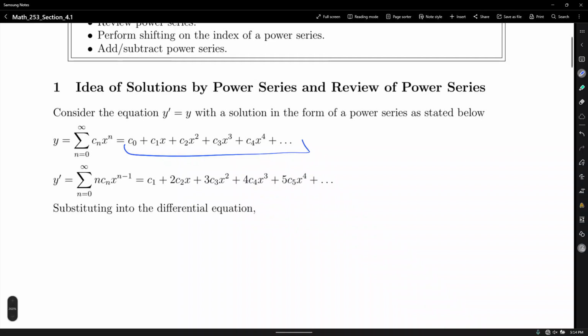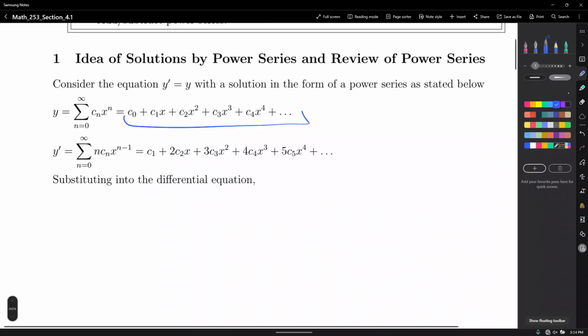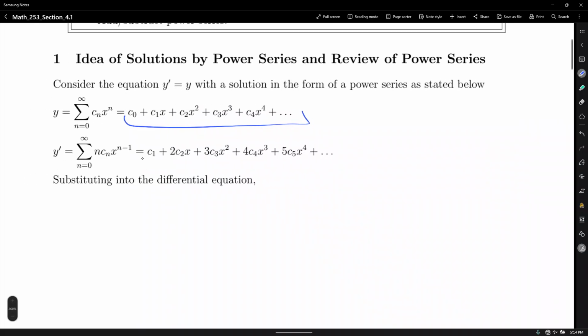So I'm going to substitute this into the differential equation. The derivative of the series is this one right here, C1 plus 2C2x plus 3C3x squared plus 4C4x cubed plus 5C5x to the fourth plus dot dot dot, equals y, the original series without differentiating.